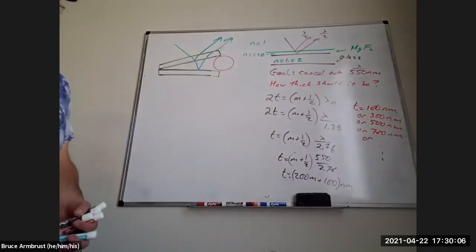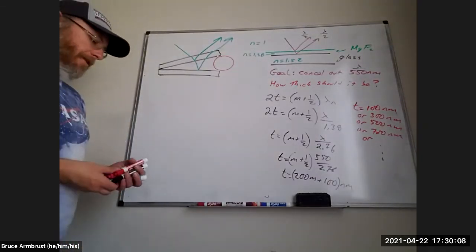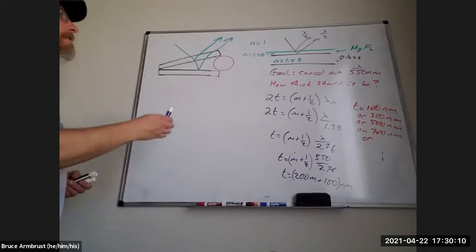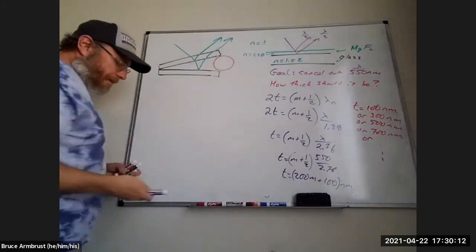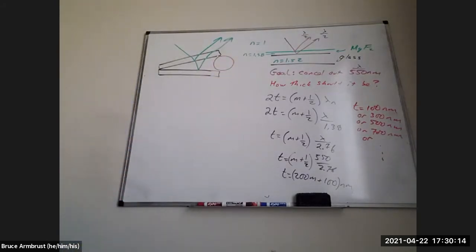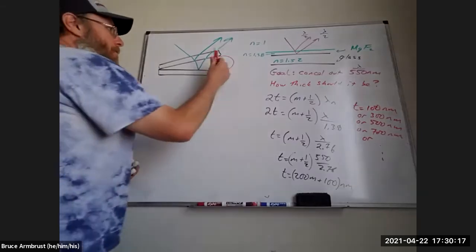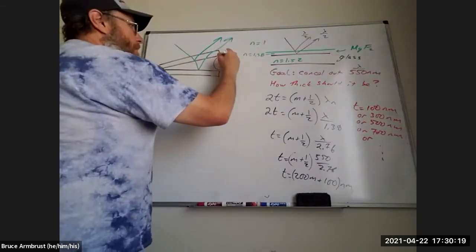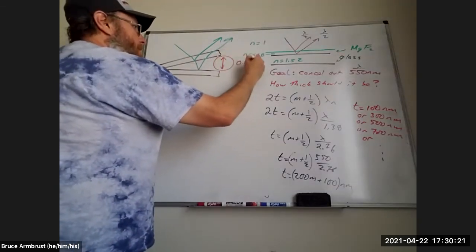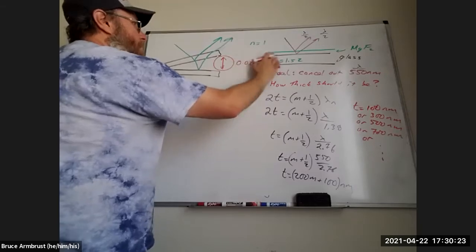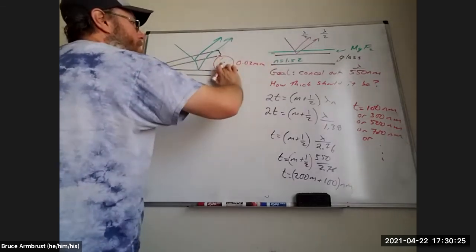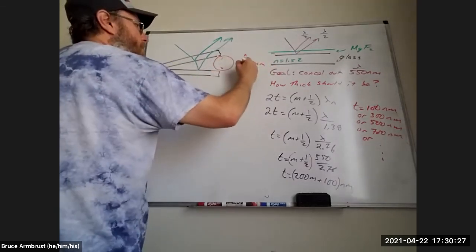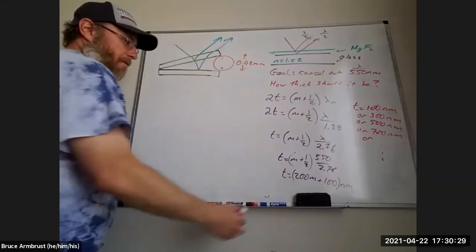Okay. And I'm going to tell you the thickness of this hair. Let's say that this is 0.02 millimeters, from here to here.